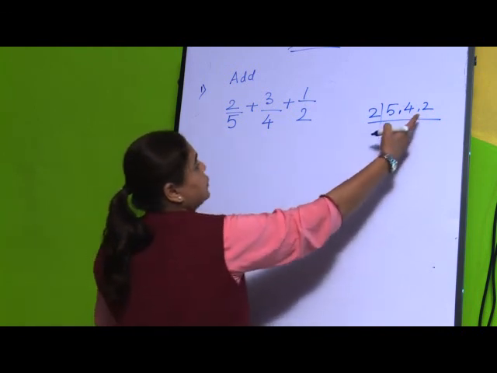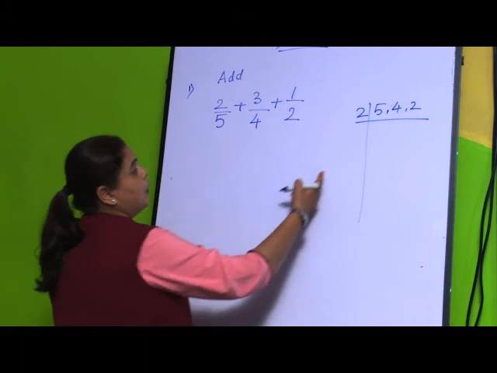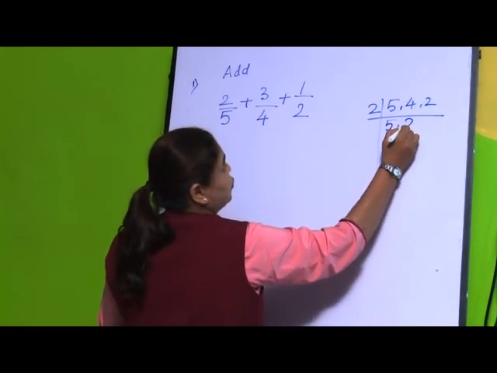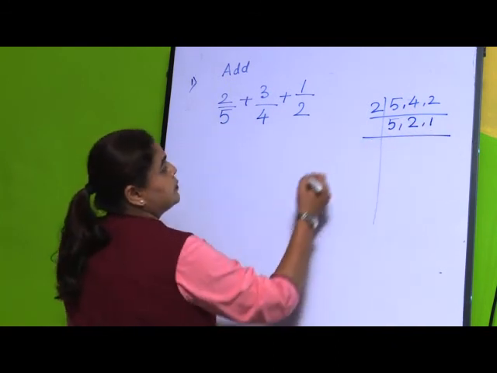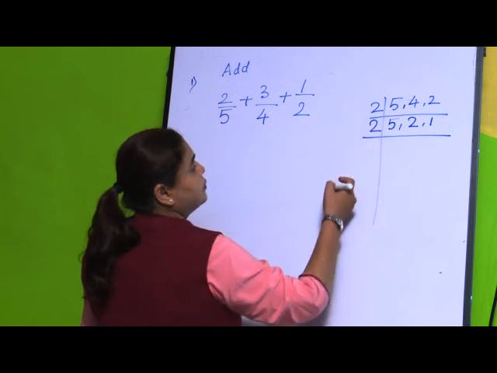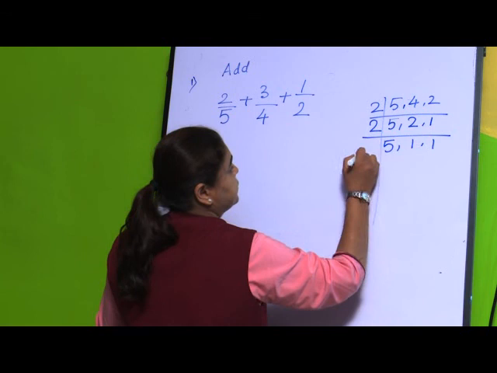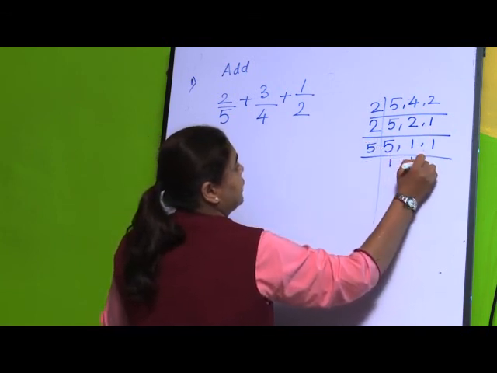We already learned in the previous class, so you know how to find the LCM. We write 5 as it is, 2 twos are 4 and 2 ones are. Now again we go for 2. We write 5 as it is, 2 ones are, and then ones are.